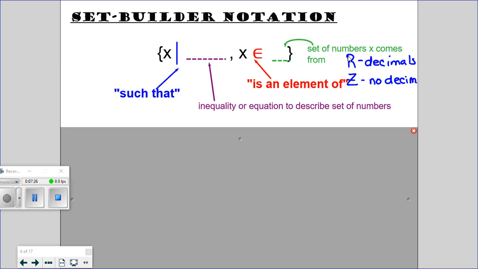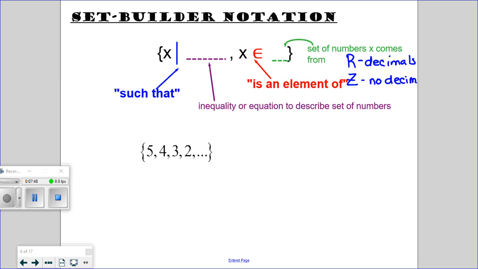Again, if we look very closely, there is a rare case where maybe we would put something like natural or whole there. I just need you to pick from real or integer. And if the book says whole, integer would be fine there as well. Okay? So let's see this in action.